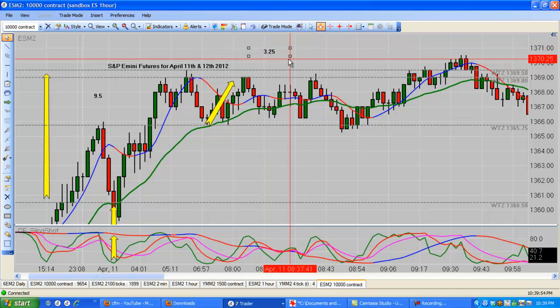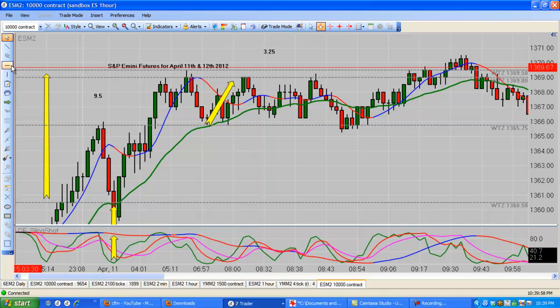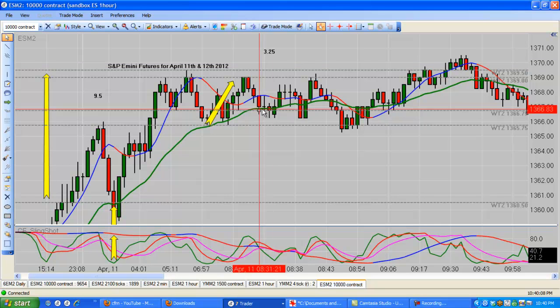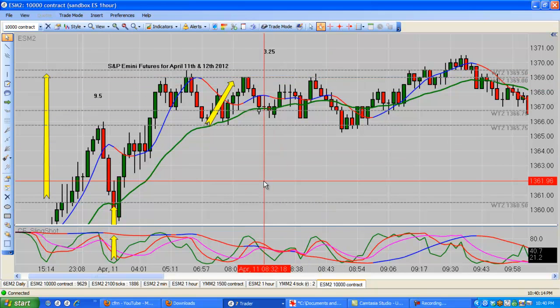Then we get another pullback. The screen's going to start to look crowded in a minute, so I'll have to get rid of some stuff. Pullback is to 1366.75, and price once again runs up to, this time it goes to 69.25.